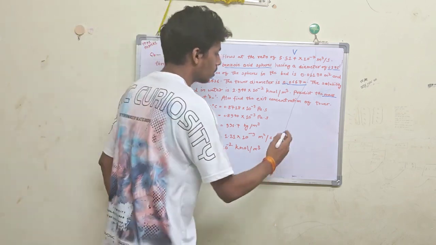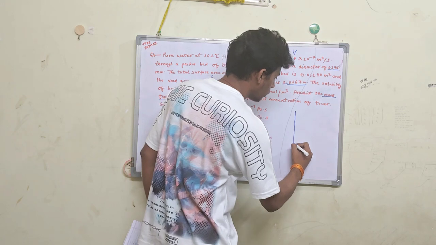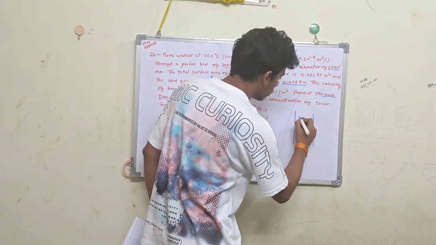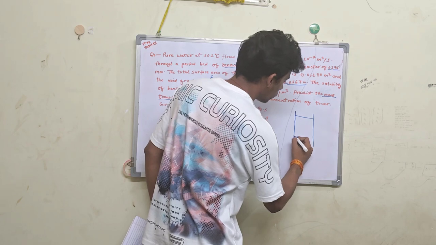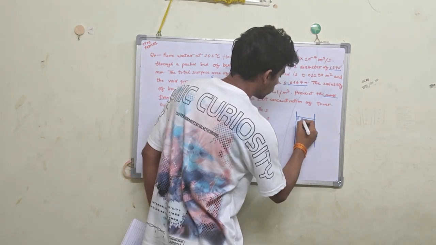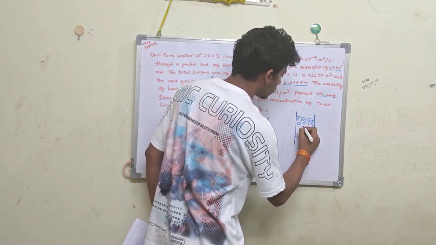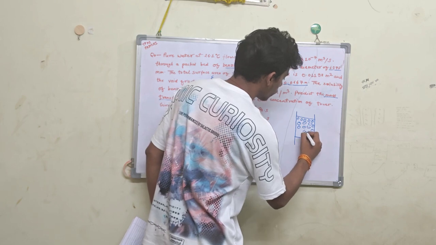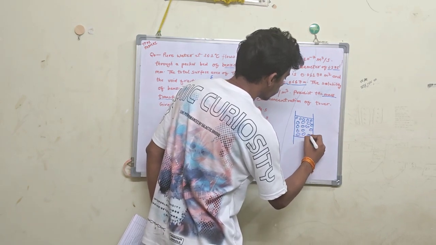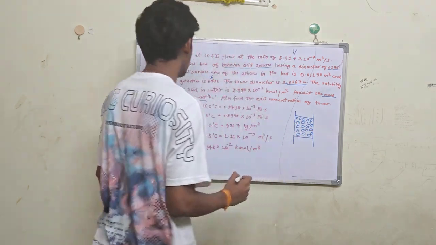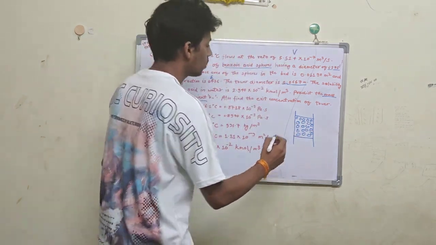So let's draw a diagram so you can understand better. Assume this is our packed bed of spherical particles. These are benzoic acid particles, and water is sent in here.